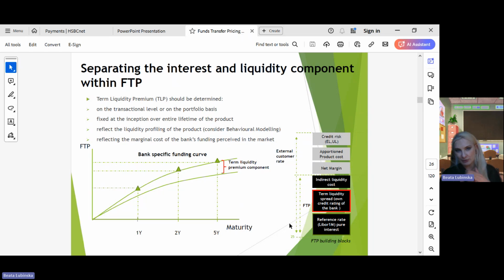Of course, this is quite approximate, because in reality there is always some portion of equity which is also funding the balance sheet. So we cannot assume that 100% of the liability is funding 100% of the asset.